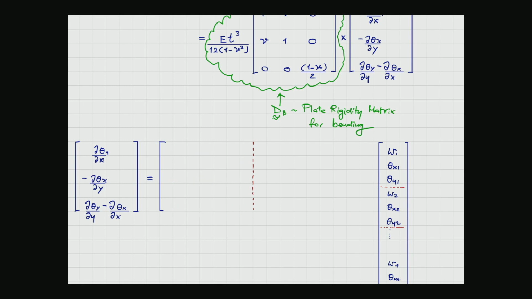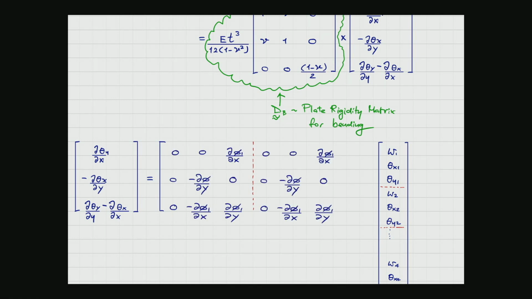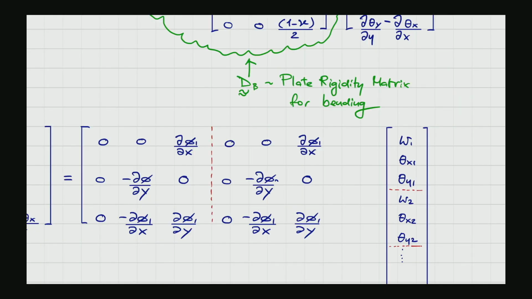And then we just repeat the cell like this for the sets of degrees of freedom for number 2. So you change to number 2.